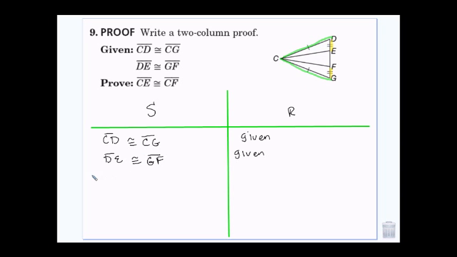So angle G is going to be congruent to angle D because of the isosceles triangle theorem. I'm just going to write that. Okay. That tells me that these are the same. Now, if these are the same, what do I know about these? The sides opposite.